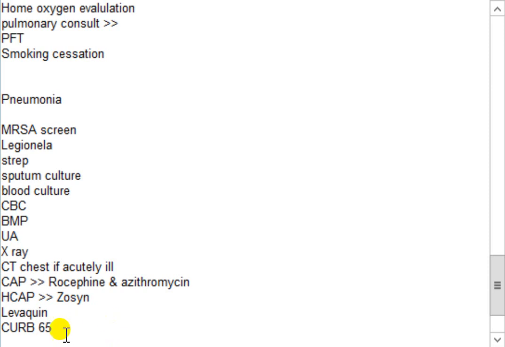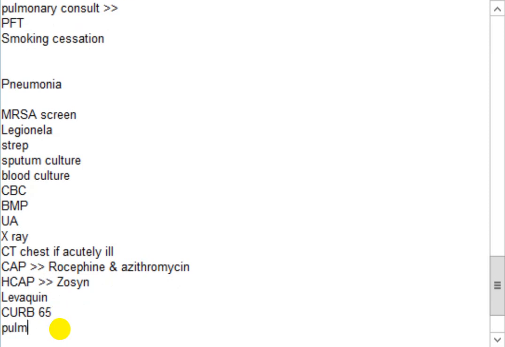Usually if it's 0 or 1 point, then they have 1% mortality. This is outpatient care. If they have 2 points, then this is 9% mortality. You need inpatient versus observation. And if they have 3 or more of these, then this is 20% mortality. So you have to do inpatient admission and even consider ICU admission with a score of 4 or 5, and involve pulmonary as well if they're bad.